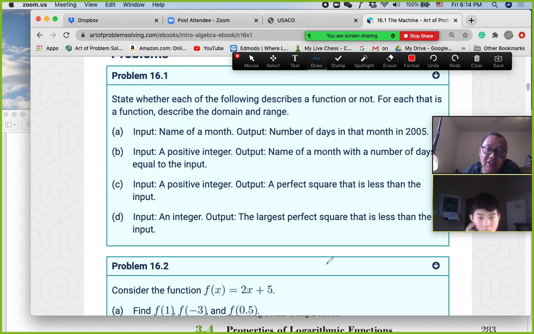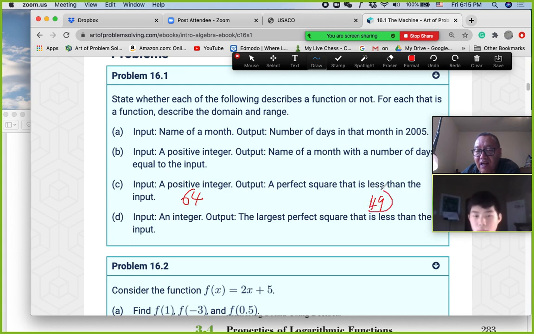So then can you read D? Input an integer. Output the largest perfect square that's less than the input. This one would be a function, I think. Yeah, this one is a function. Because say, what if you give 64? Then 49. 49 is a perfect square, right?